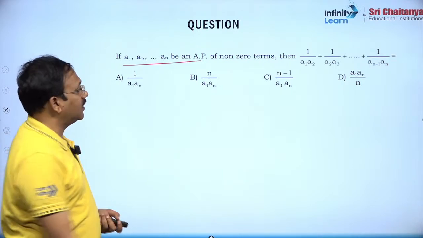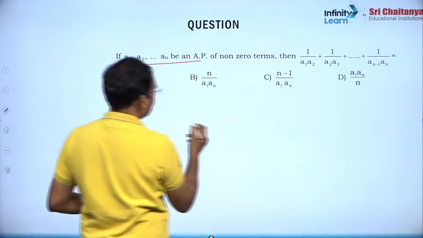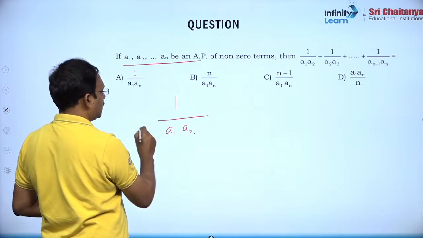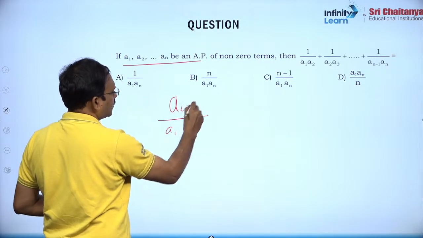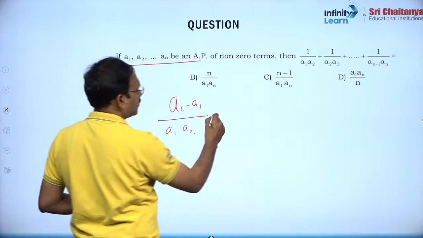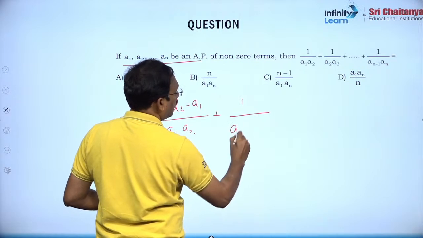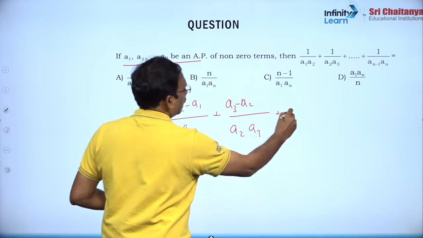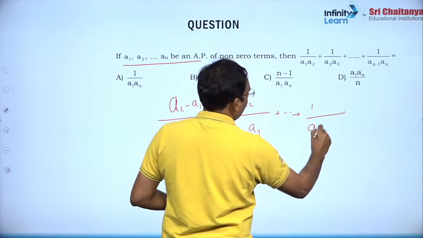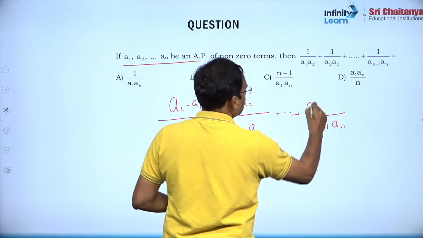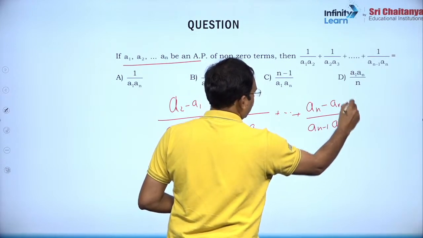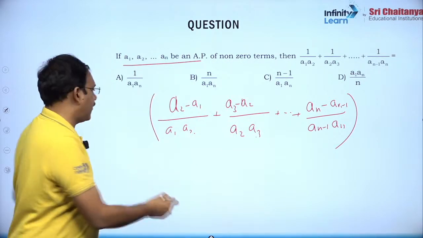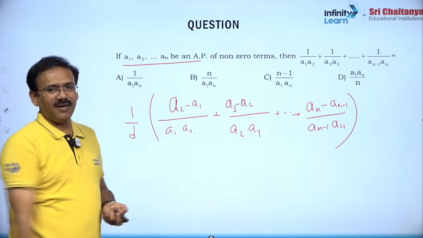Here I write 1 by A1 A2 as (A2 minus A1), which is the common difference, over A1 A2, plus 1 by A2 A3 as (A3 minus A2) over A2 A3, plus and so on, 1 by A(n minus 1) AN as (AN minus A(n minus 1)) over A(n minus 1) AN. You can observe that each numerator is the common difference D, so you can divide by D.